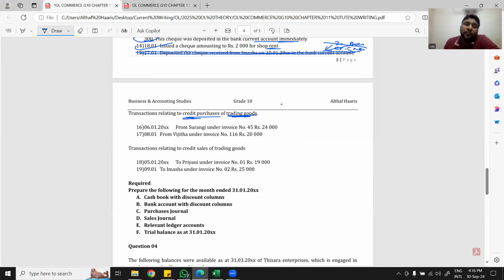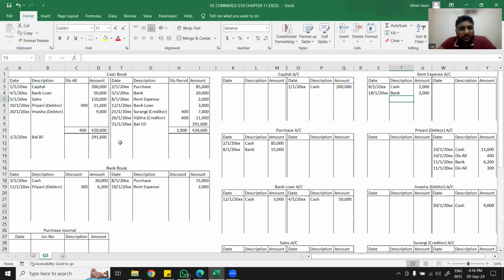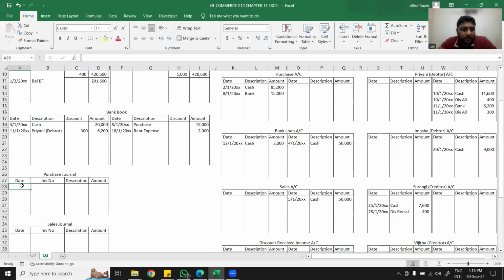Credit purchase of trading goods will be recorded in the purchase journal. We learned the purchase journal. Credit purchase of trading items, goods, inventory, stock. So we'll go to the purchase journal.